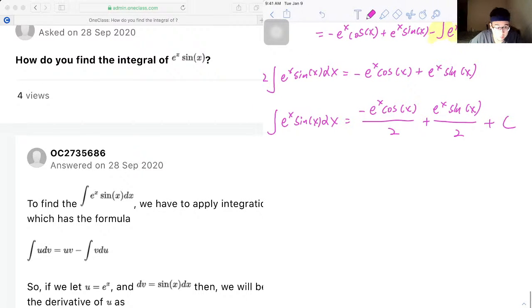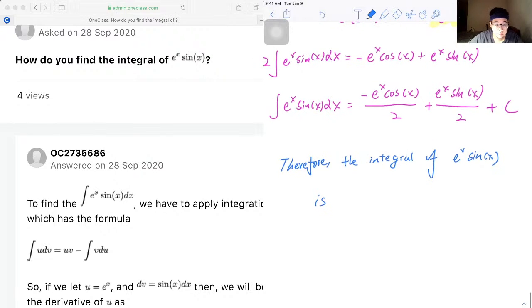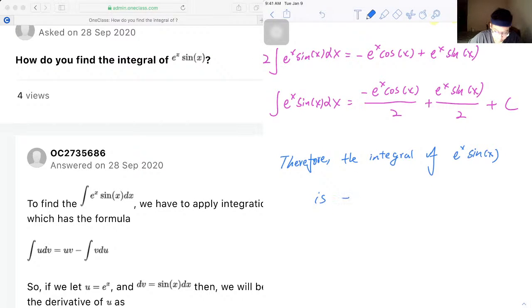Now we can write down our conclusion. Therefore, the integral of e^x sine x is negative e^x cosine x over 2 plus e^x sine x over 2 plus c.